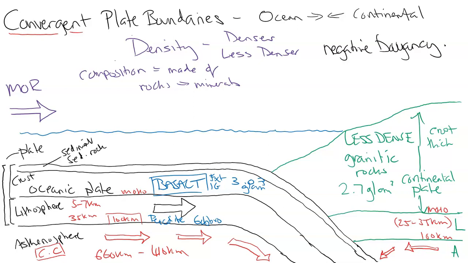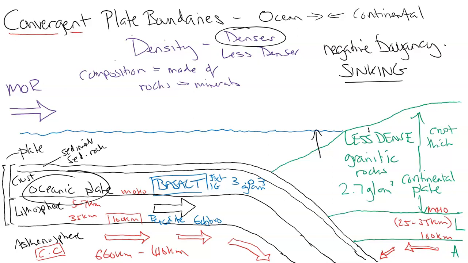So in layman's terms, there is sinking of the denser plate, which is the ocean plate right here. As it collides with the continental plate, the continental plate is pushed up a little bit, some uplift there, but the ocean plate is forced downward into the asthenosphere, which is that plastic, ductile kind of material or environment.